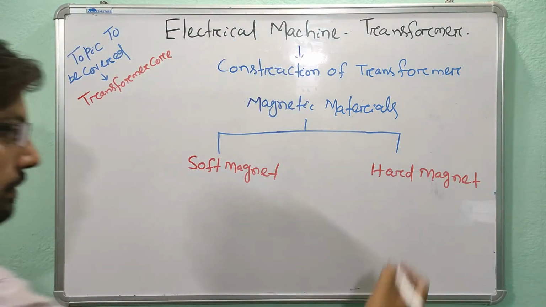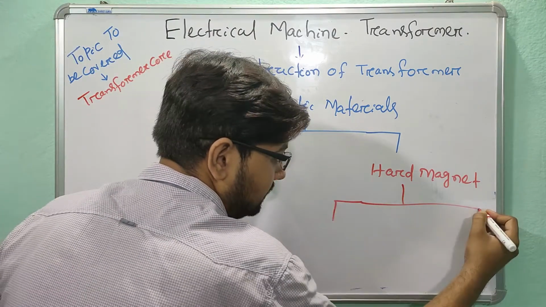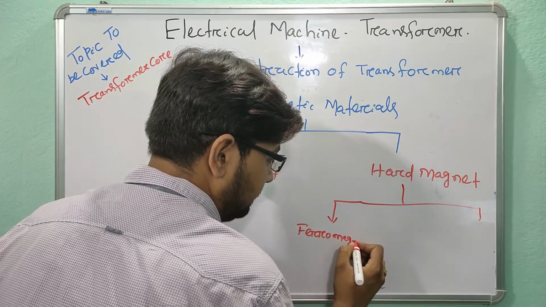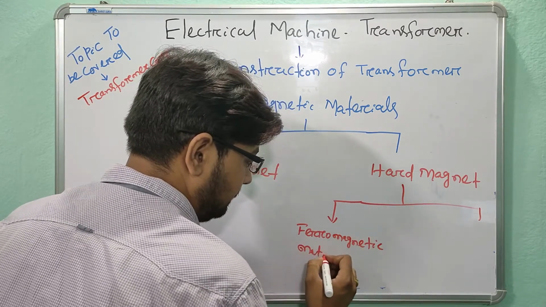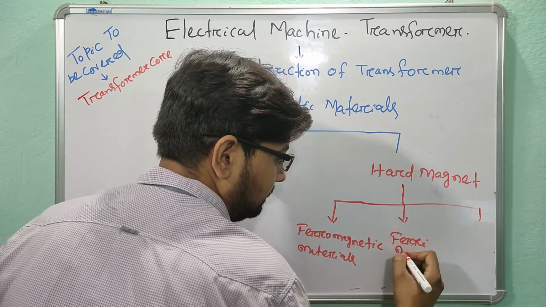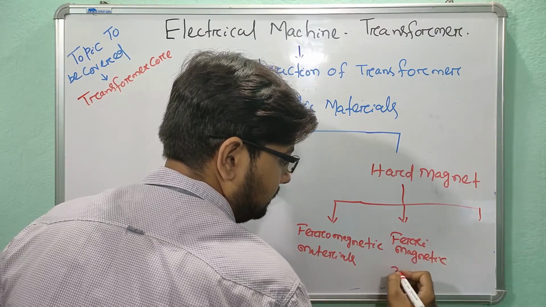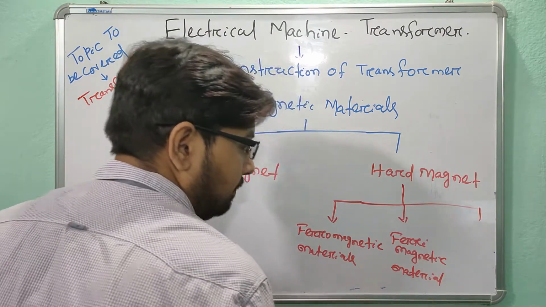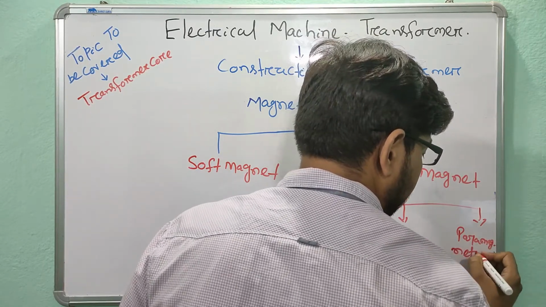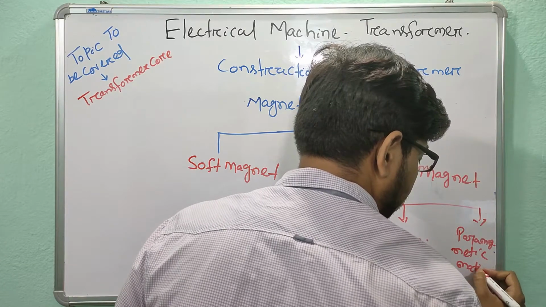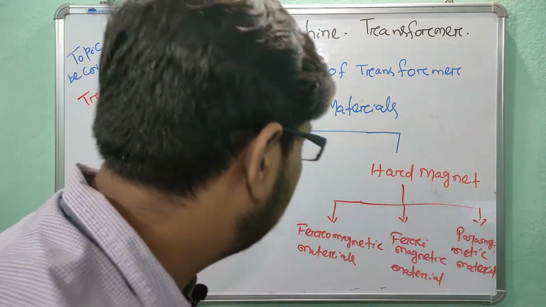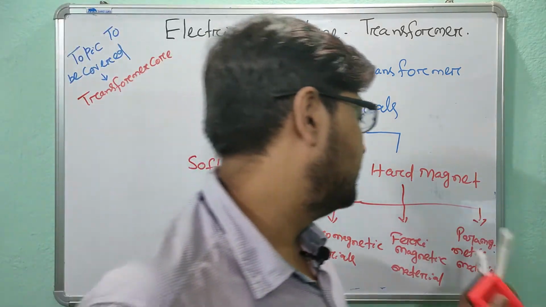Hard magnet is of three types: ferromagnetic materials, ferrimagnetic materials, and super paramagnetic or paramagnetic materials. So there are three types of hard magnet.